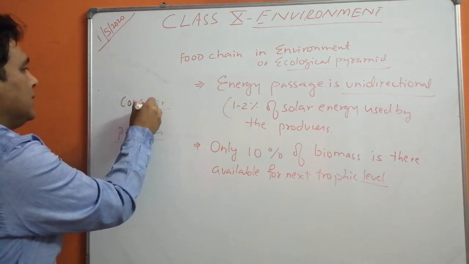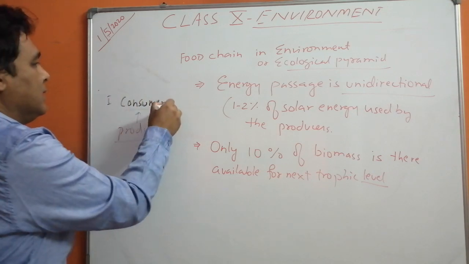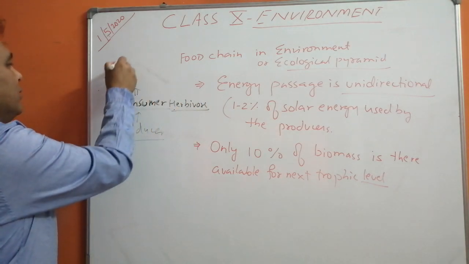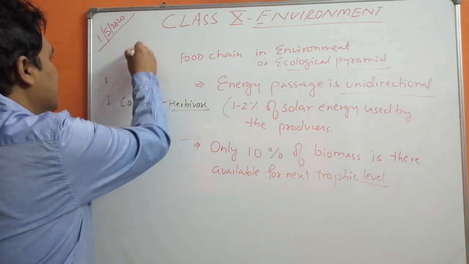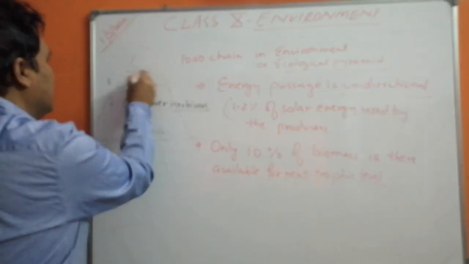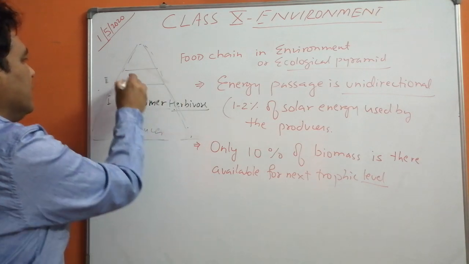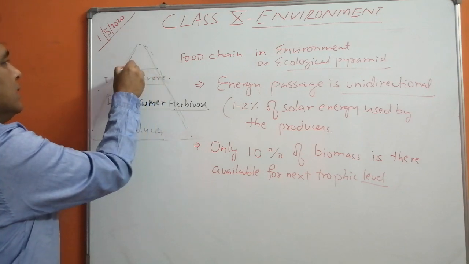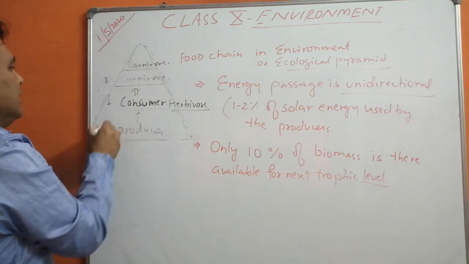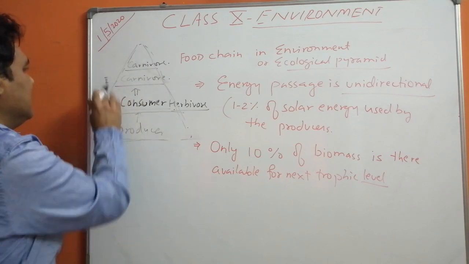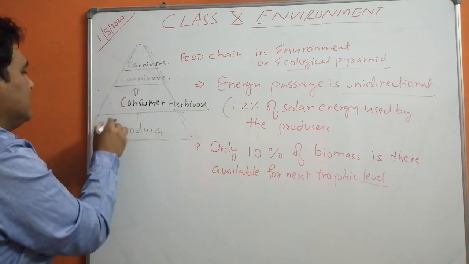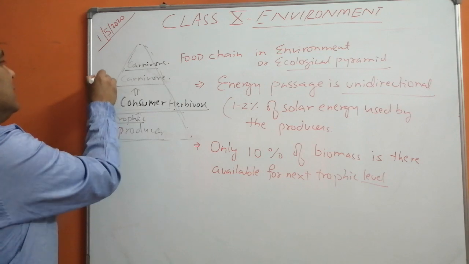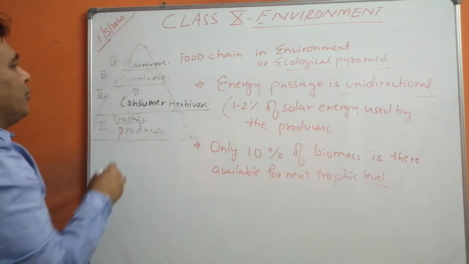if we say this is a consumer, number one, that is herbivore, then we go to the second one, suppose we are putting this as carnivore. So this is the first trophic level, this is the second trophic level, third trophic level, and fourth trophic level.